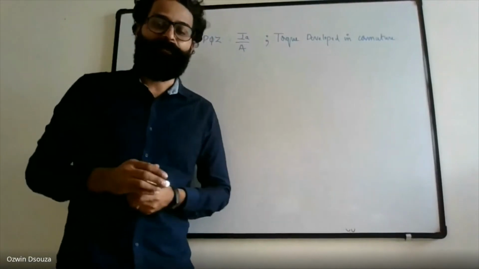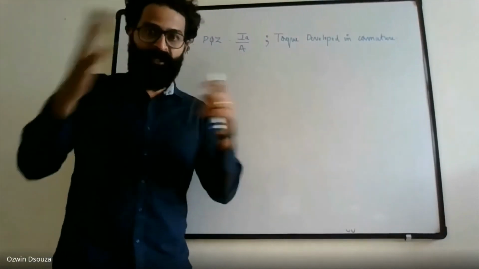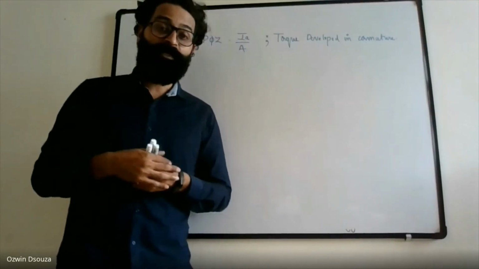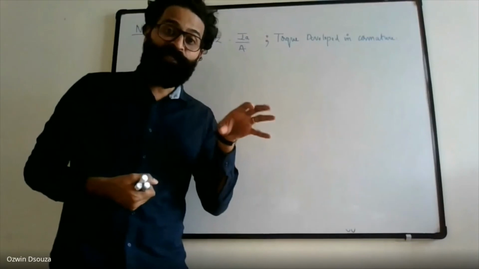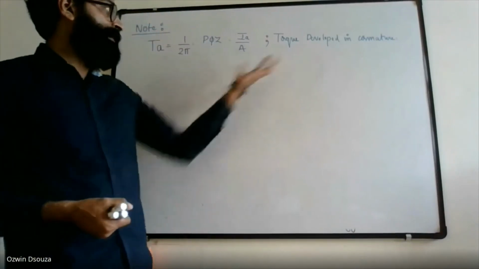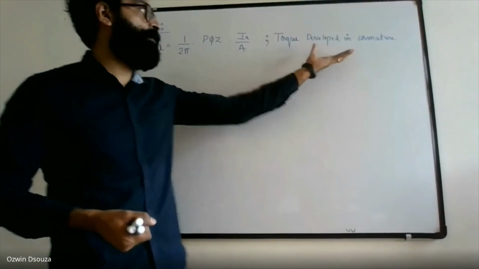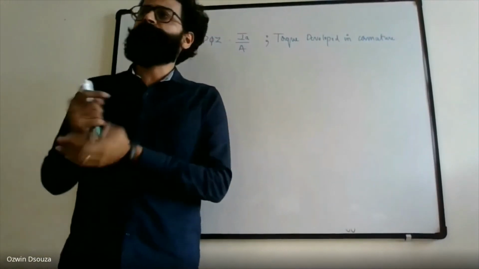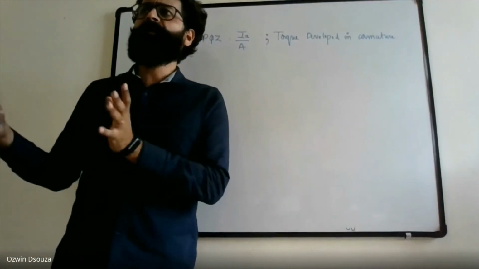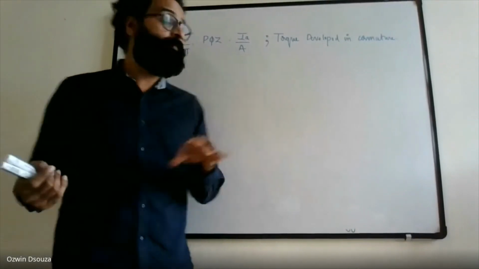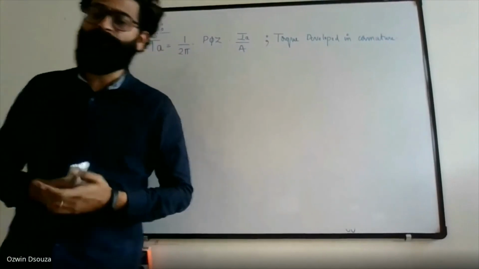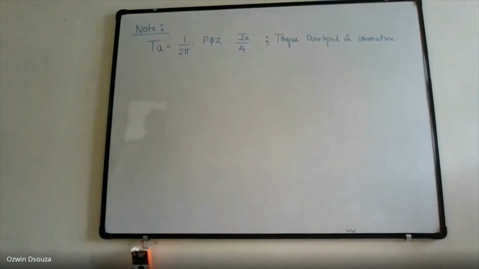So this is equivalent to, you can visualize something like the torque which is developed within your IC engine, right? The bike engine what you have. If the torque is measured at the crankshaft of the engine, that can be compared with the torque developed in the armature. But the actual torque which is available at the motor shaft will be slightly less than the developed torque, because there will be losses associated.